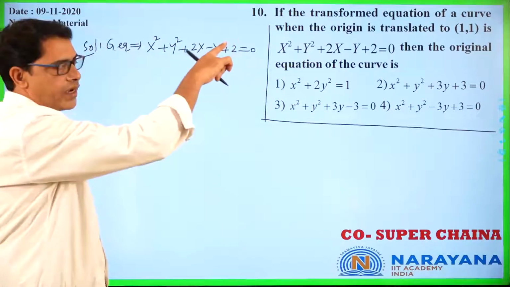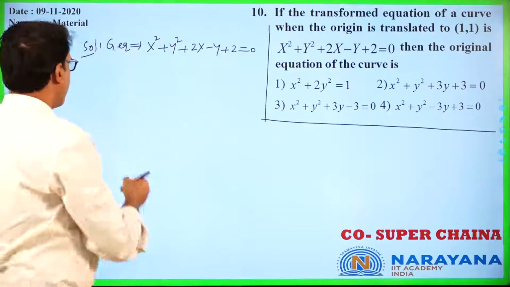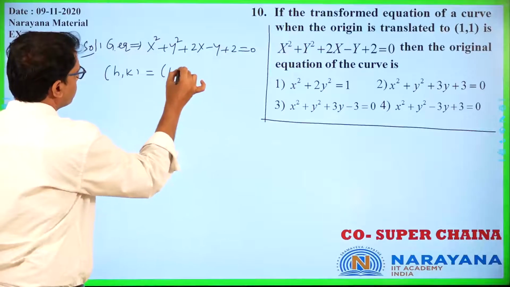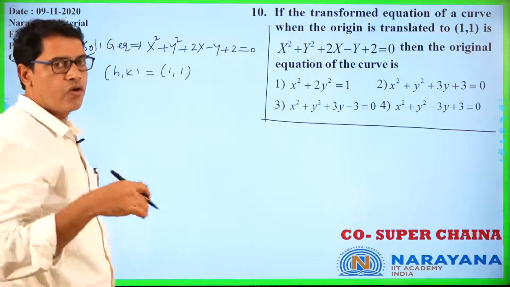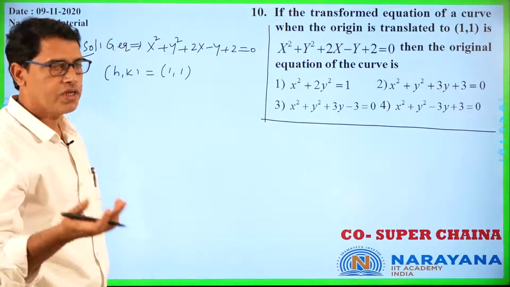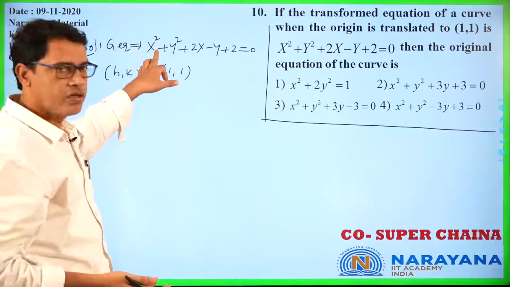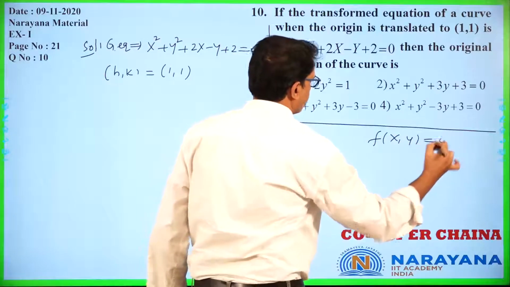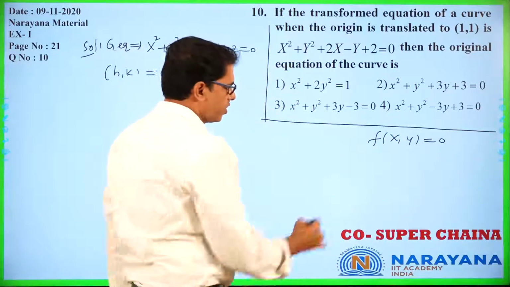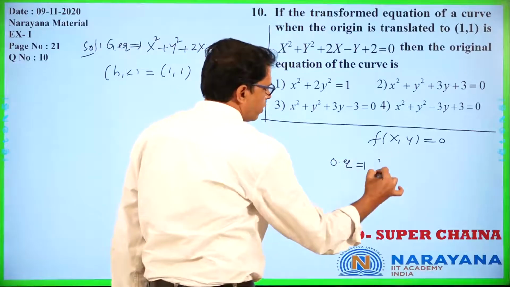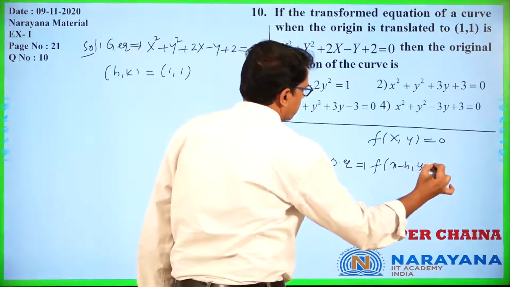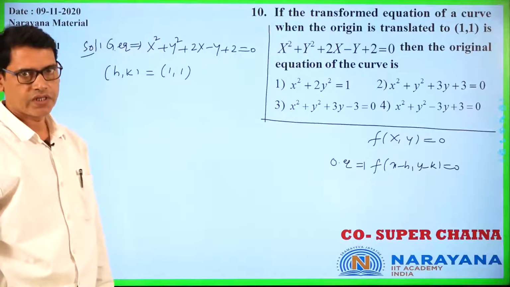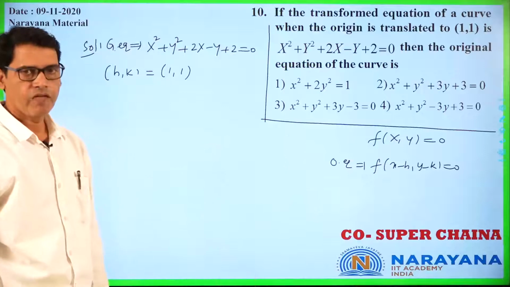Now the translated point is given, h comma k equals 1, 1. Now we have to find the original equation. If f of X comma Y is given, the original equation will be f of x minus h comma y minus k equals 0.